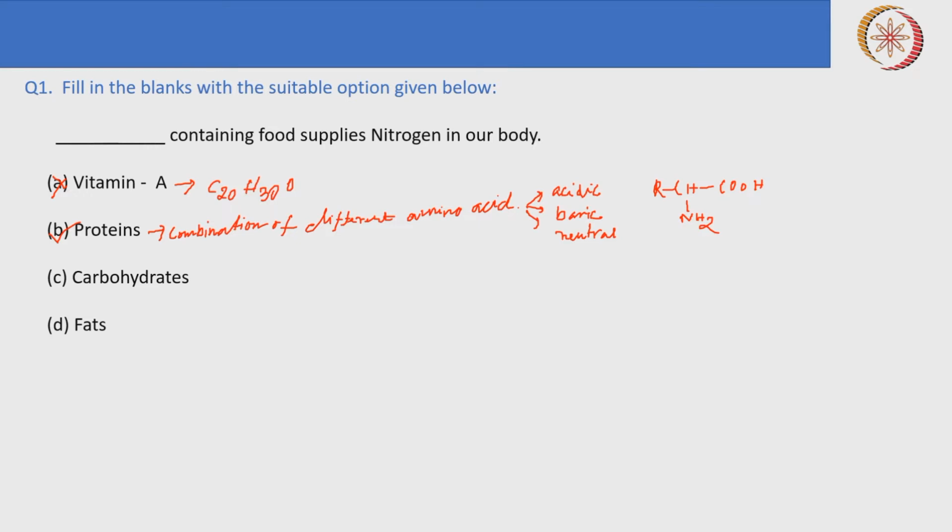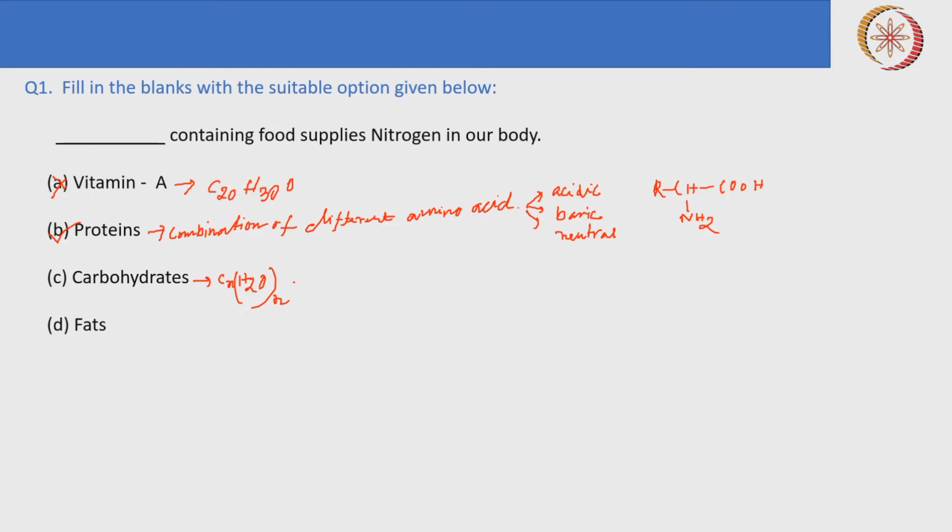We still have to check whether the other two can be an answer. The general formula for carbohydrate is Cn(H2O)n.